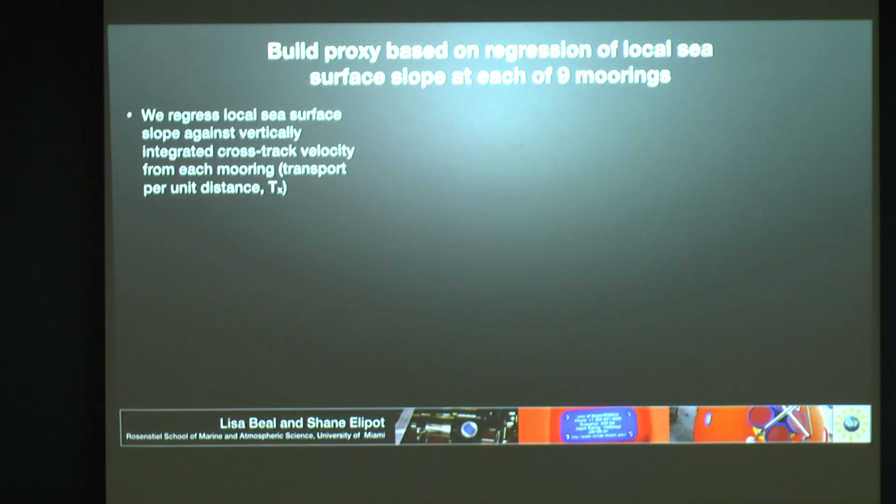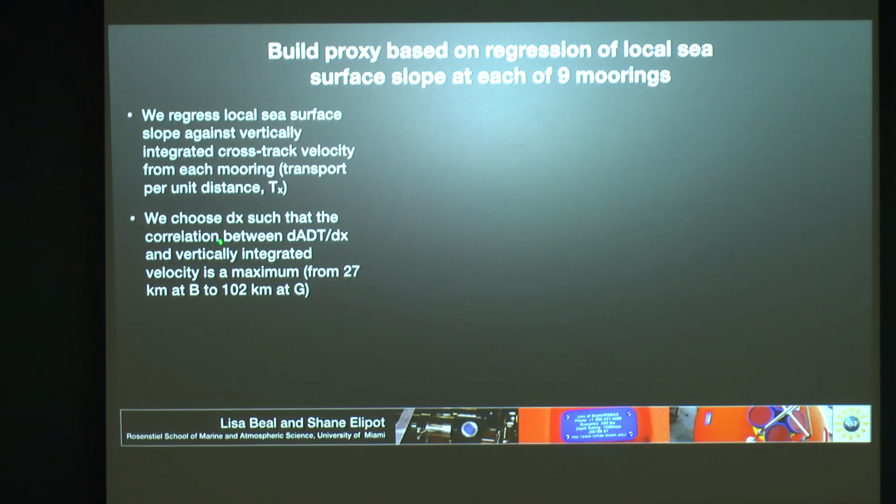So what we did is, this is what we called the physical technique. So this is basically thinking of geostrophic velocity from sea surface slope at each of the 9 moorings can be related to the transport at that mooring. So we regress the local sea surface slope against the vertically integrated cross-track velocity from each mooring.